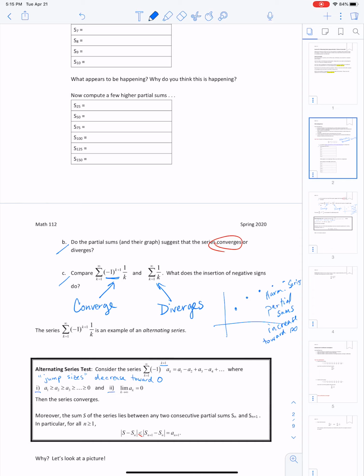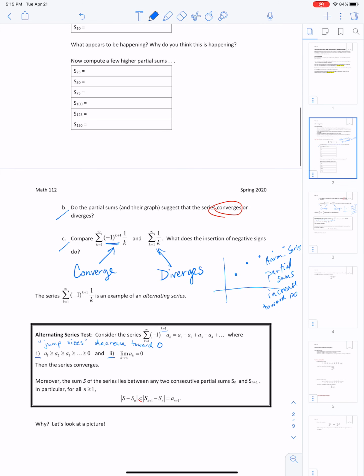So if those two things hold, then the series has to converge. Let's talk about why that is. It's also true that if the jump sizes are decreasing and don't decrease towards zero, then the series doesn't converge.